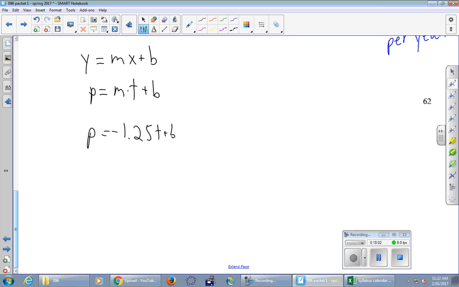You can pick either of the 2 points that we wrote down up above. Let's all be uniform and pick the first one, 16, 40. So let's plug in 16 and 40. Which one is the p? 40 equals negative 1.25 times t, which is how much at that same point? 16, plus the b.